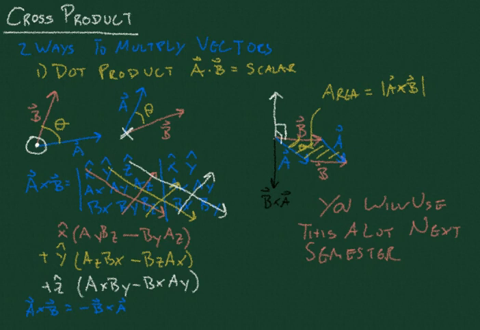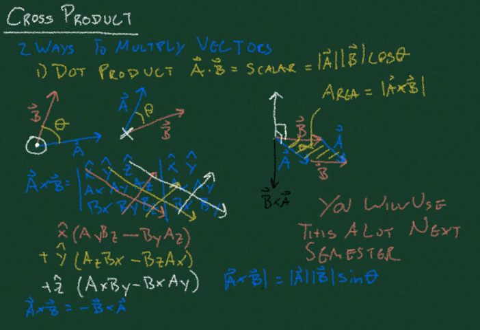But in this semester, the most useful form: you may remember with the dot product, we said that A dot B is the magnitude of A times the magnitude of B cosine theta. Well, fortunately, we have a similar formula for the cross product. The magnitude of A cross B, not the direction, just the magnitude, is going to be the magnitude of A times the magnitude of B times sine theta, where once again theta is the angle between them.